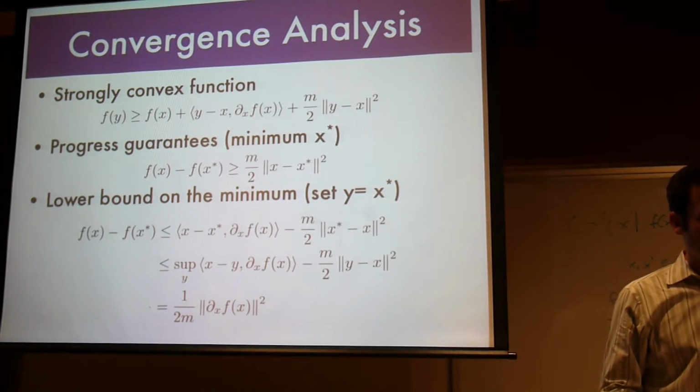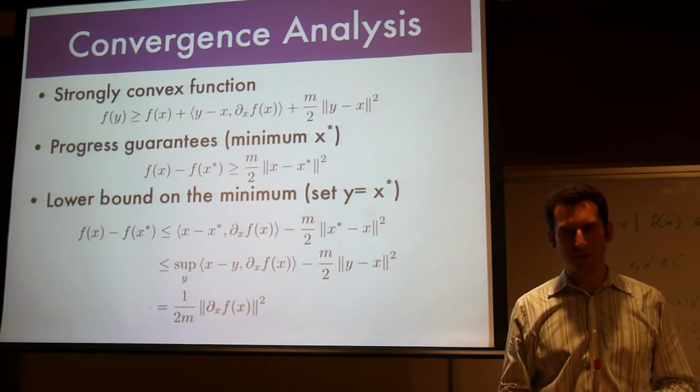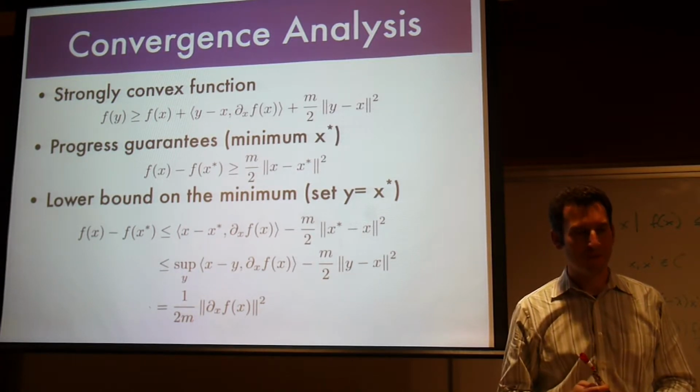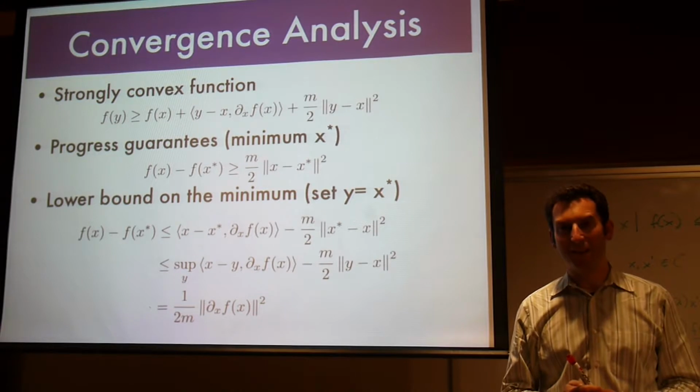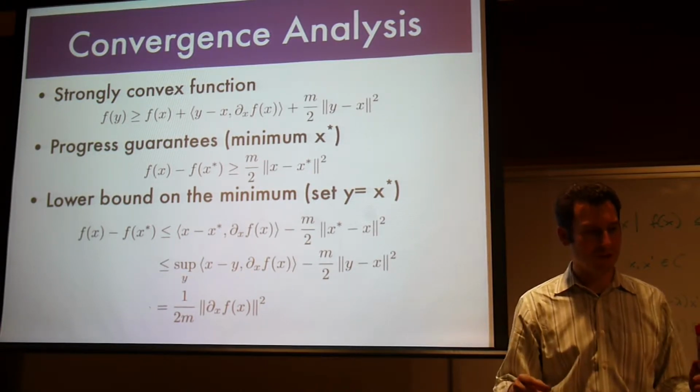So let's suppose we have what's called a strongly convex function. Strongly convex functions are kind of nice. It means basically they are more curved than parabolas of a certain degree.